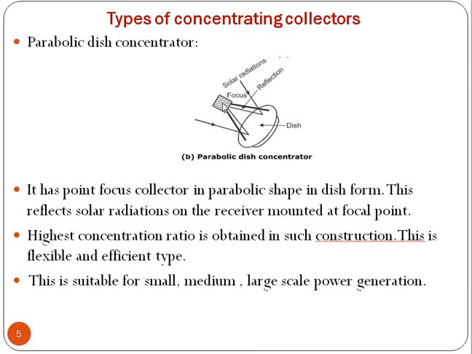This is a flexible and efficient type, and small, medium and large scale power generation is possible using the parabolic dish concentrator. So, you have to draw the parabolic dish concentrator and label its parts.